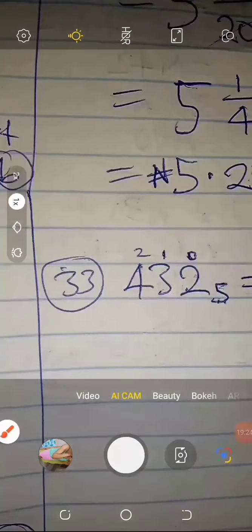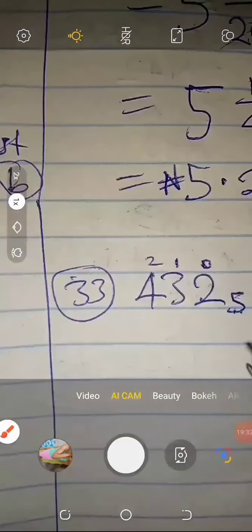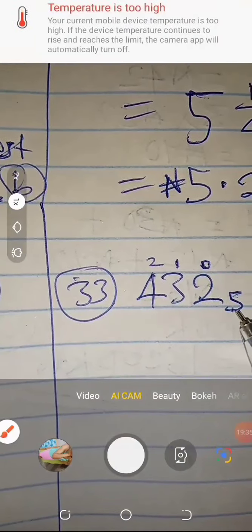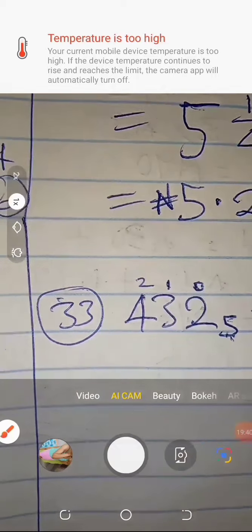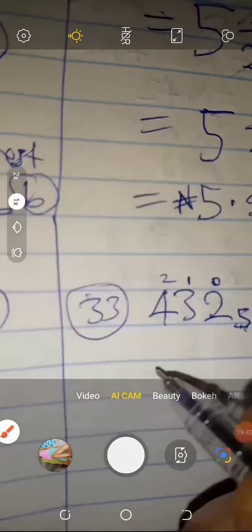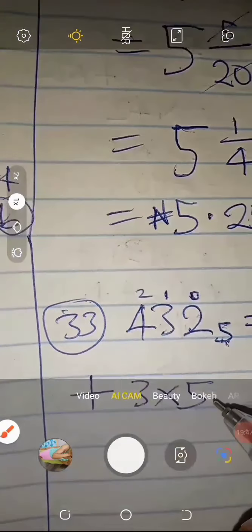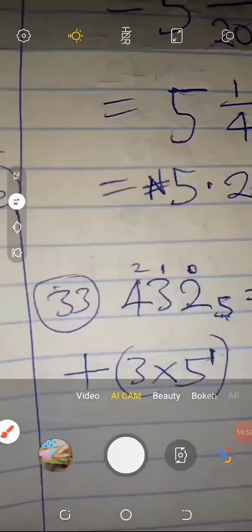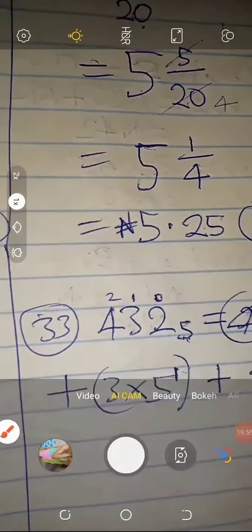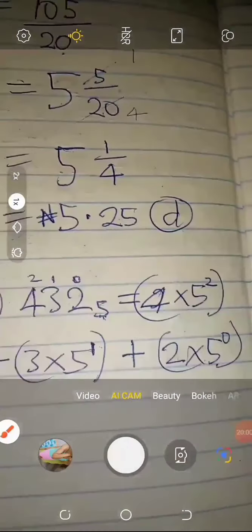The first number is 4, so 4 times 5 raised to power 2, plus 3 times 5 raised to power 1. You can use a bracket so that you don't get confused. Plus 2 times 5 raised to power 0.